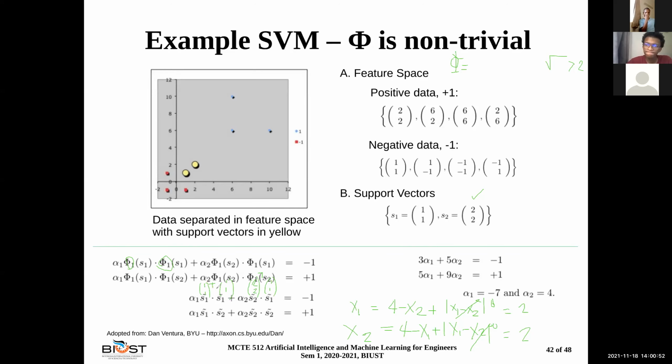So this is 2 alpha 1. What is this now? 2 alpha 1 plus, if that is 2, 2, this is 4. But there, this is a 5. This is 3 plus 5. What happens?